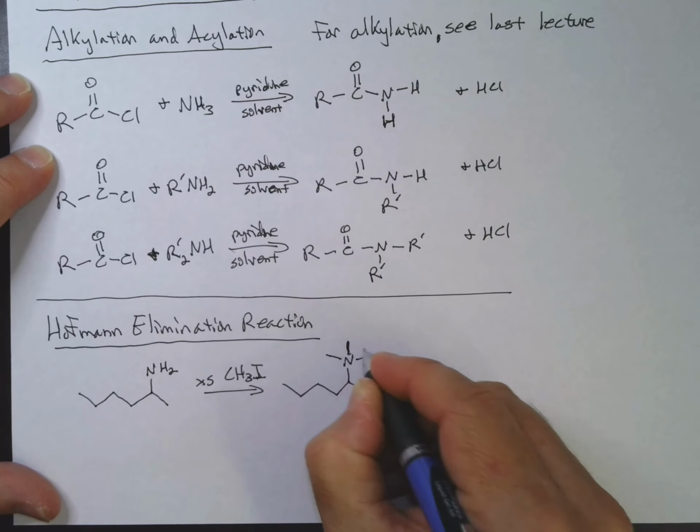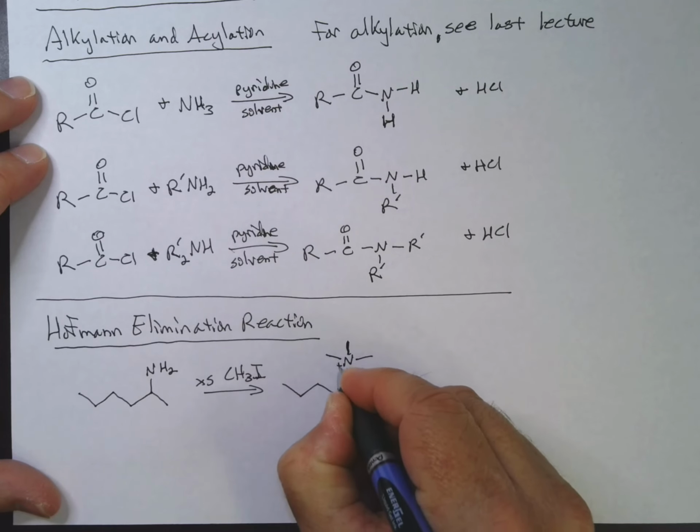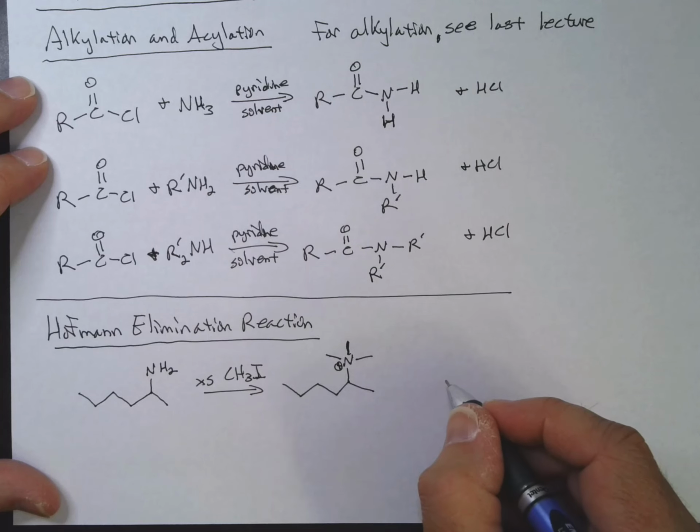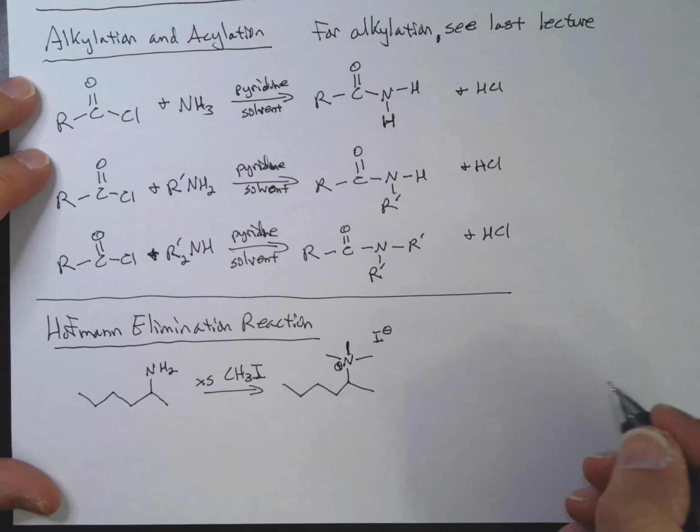So those are my 3 methyl groups. I'm doing bond line formula just to make it a little less crowded, and that's going to have a positive charge. And then we'll have I minus as the counter ion.